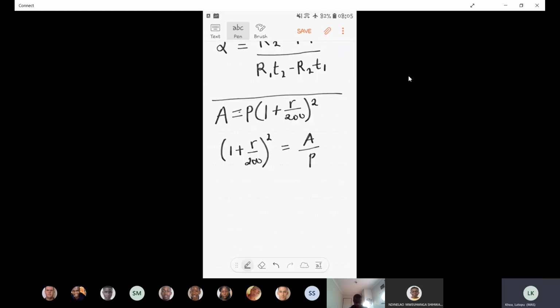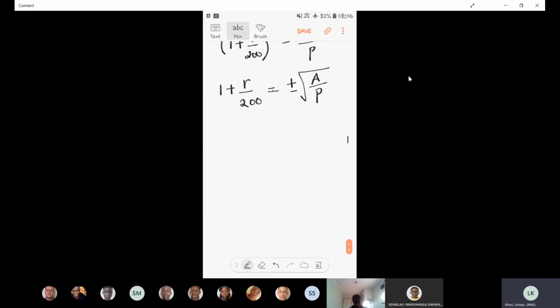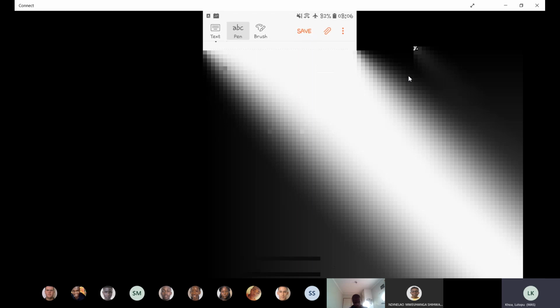And then take the square root on both sides. So I have 1 plus R over 200 is equal to plus or minus the square root of A over P. And then I will subtract 1 on both sides and then multiply by 200.